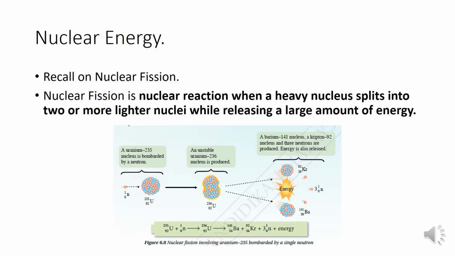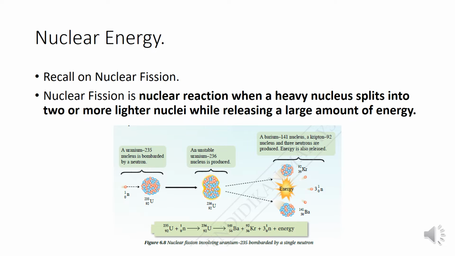We can see in this picture an example. A uranium-235 nucleus is bombarded by a neutron, and then an unstable uranium-236 nucleus is produced.